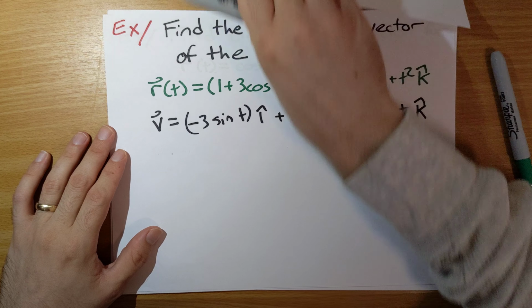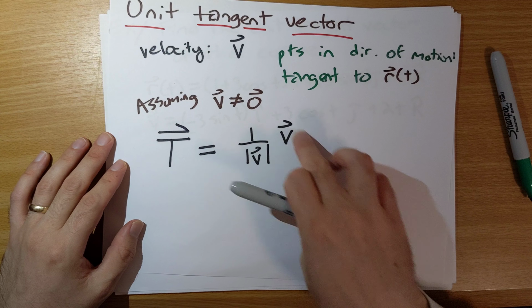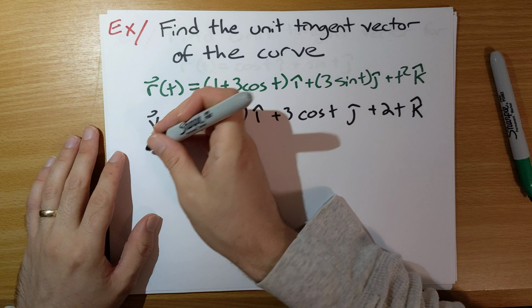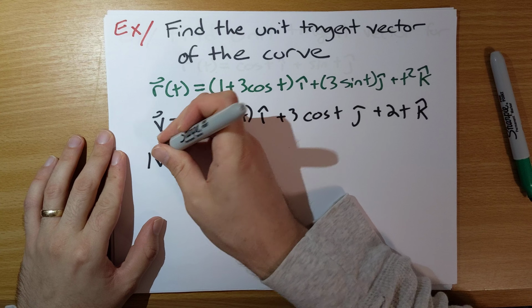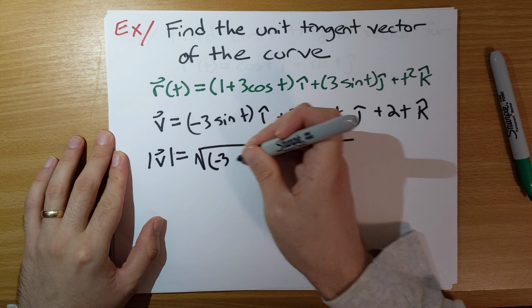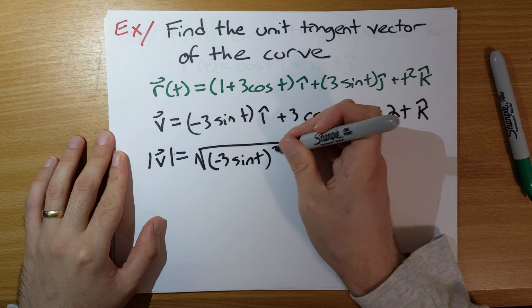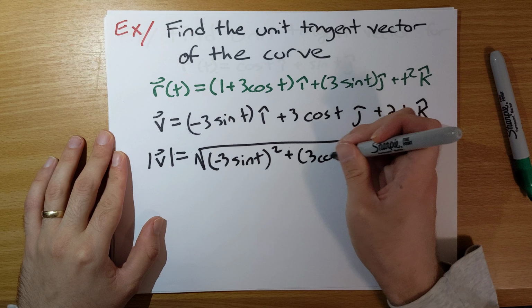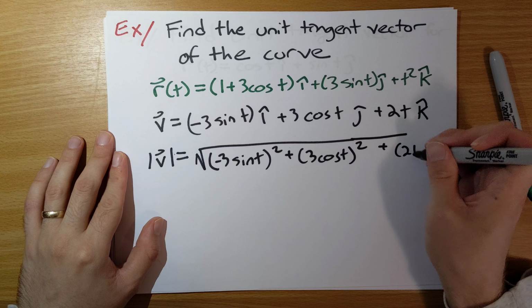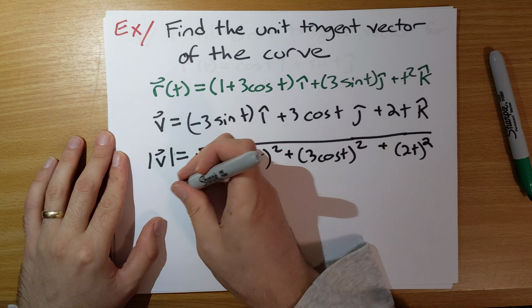Okay, so this is v. Now we need the length of v. What is the magnitude of v? We simply take the square root of the sum of the squares: negative 3 sine t squared plus 3 cosine t squared plus 2t quantity squared.